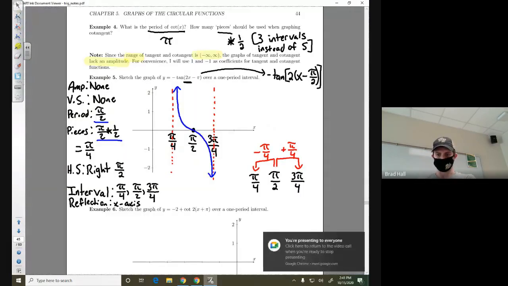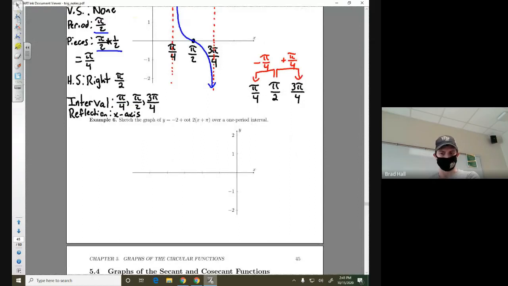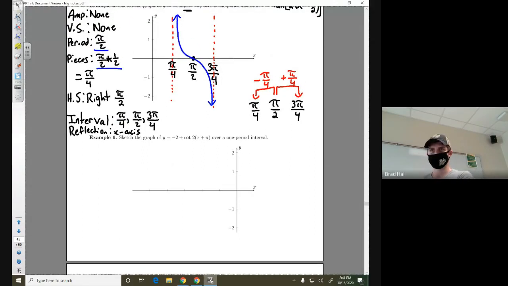All right. Does anyone have any questions before we move on to the cotangent one? Let's do the cotangent. I think you can tell which direction we're going to be shifting, hopefully, by this graph. I think it's a little clear. Okay, so start off.